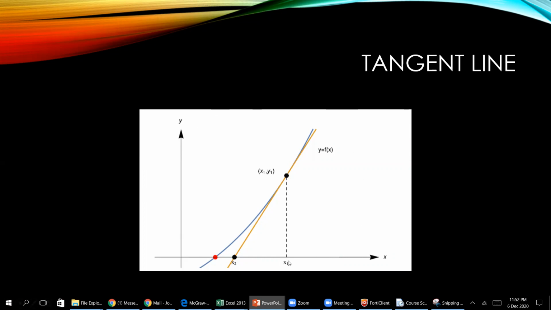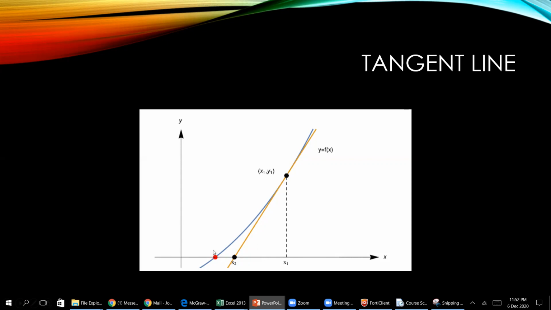We have x sub 1, we have y sub 1 based on the formula, and from there we draw a tangent line until it intersects the x-axis. This tangent line is a good linear approximation to f at x near x sub 1.